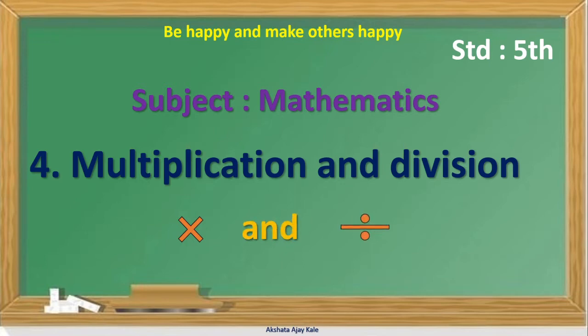Dear children, you know how to multiply and divide the given numbers, isn't it? You have already learned the multiplication of 2-digit numbers. Today we will proceed to the multiplication of 3-digit numbers.